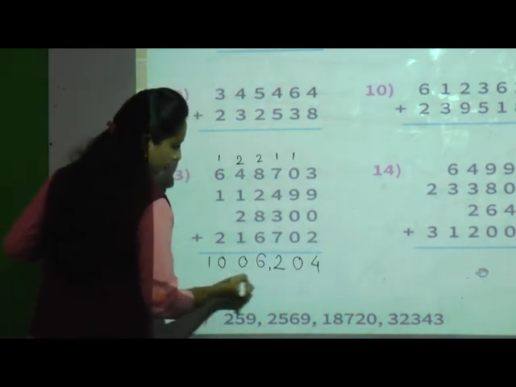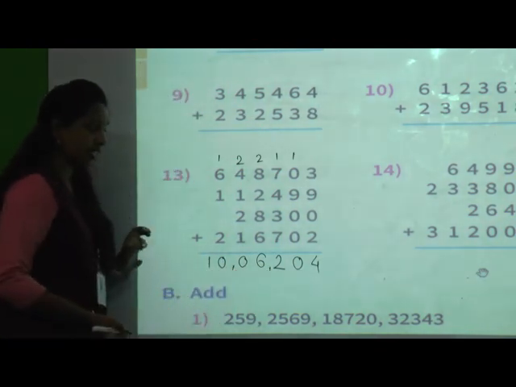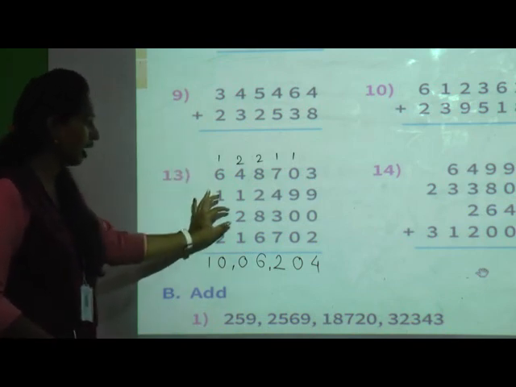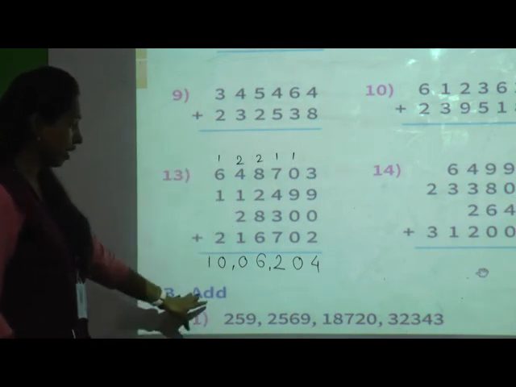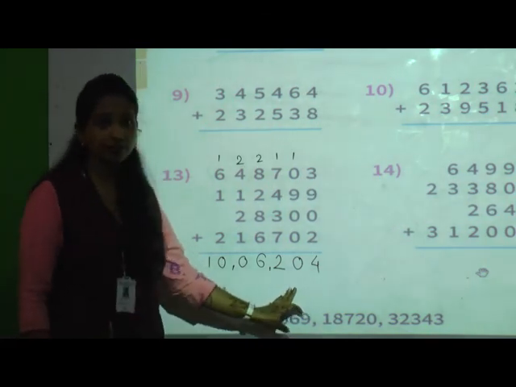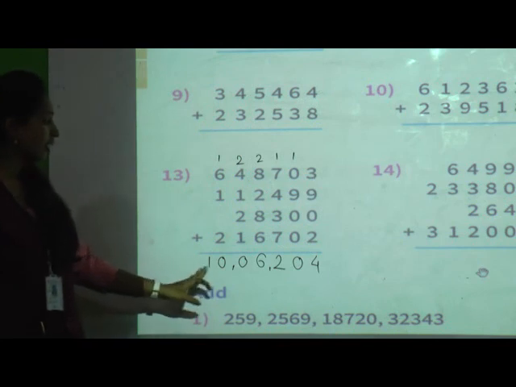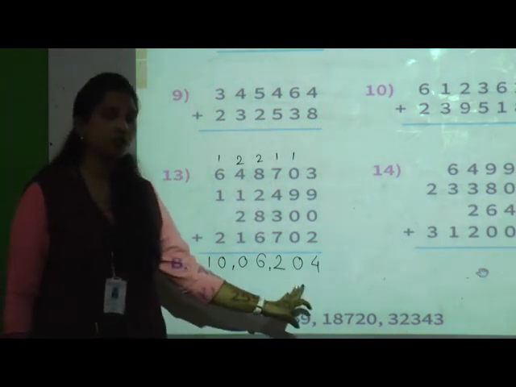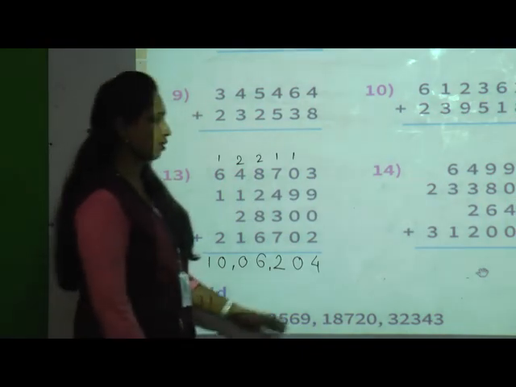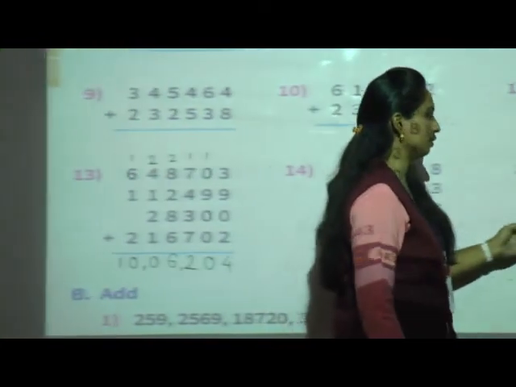Give comma after 2 digit, after 2 digit. See, when we have added 3 6-digit numbers and 1 5-digit number, we got answer with 7-digit number. So the number is 10,06,204. Got it? Now I will solve 15th one for you.